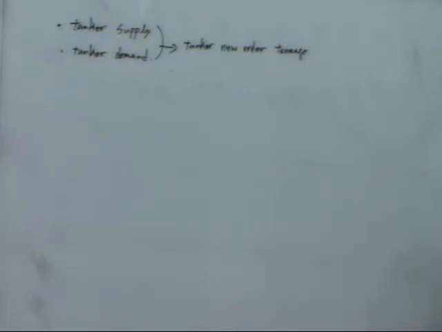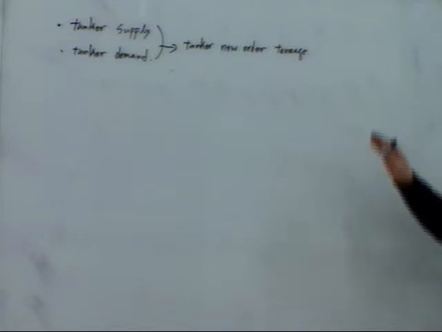So that was a very simple system. Tanker supply we can get from some statistics, and tanker demand we can get this kind of information from the ship owners association or oil carrier companies, I mean a company like Hyundai Oil or something like that.